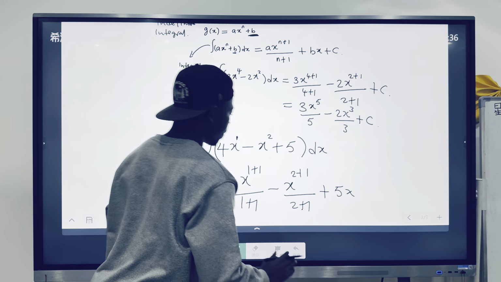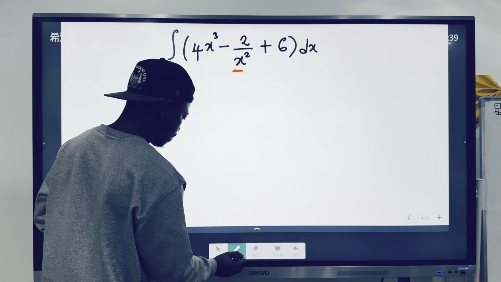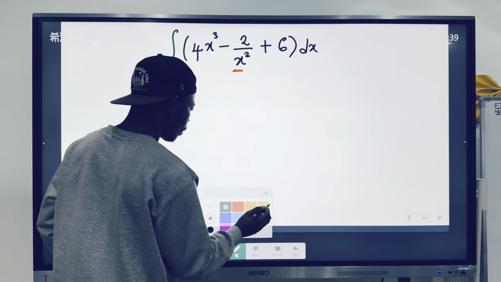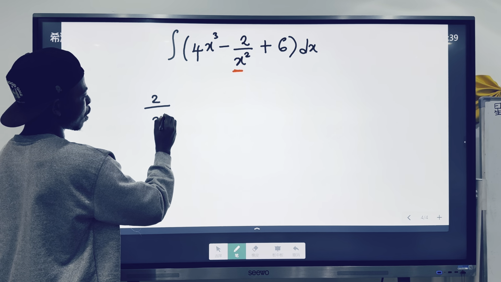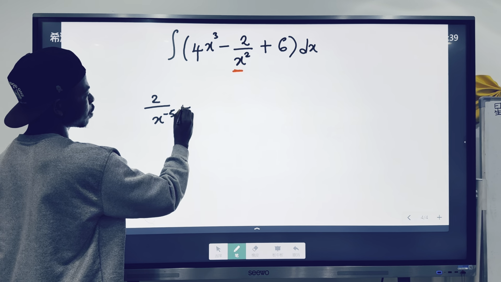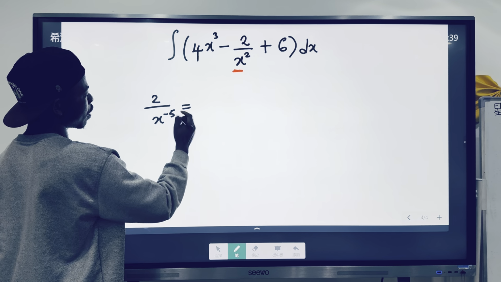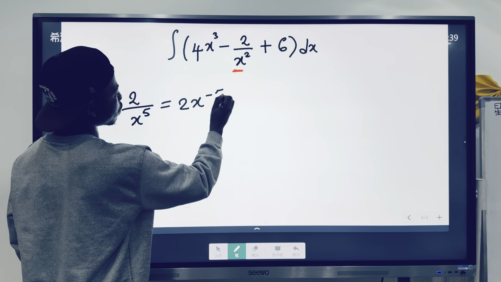Let me give you something that we can easily use here. If I have 2 over x to the power negative 5, you take this to the top and it becomes 2x to the power 5. Or if this was positive, as it usually is, if I have 2 over x to the power 5, this becomes 2x to the power negative 5.